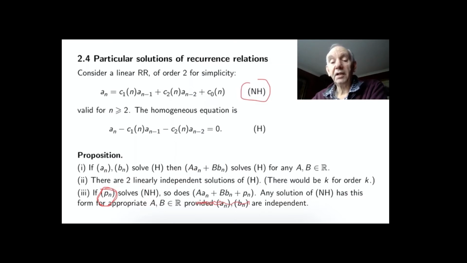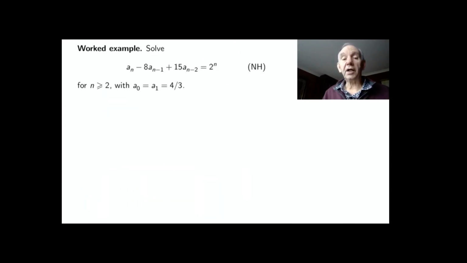We had to find a particular solution to give a constant term, but we couldn't use a constant because that solved the homogeneous equation. So for a particular solution, we looked for a constant times n, and we found it. Okay, so that's the situation in general, and let me go on now and go through another worked example.